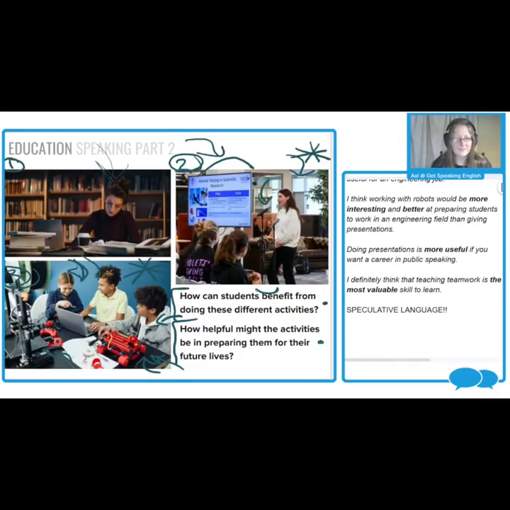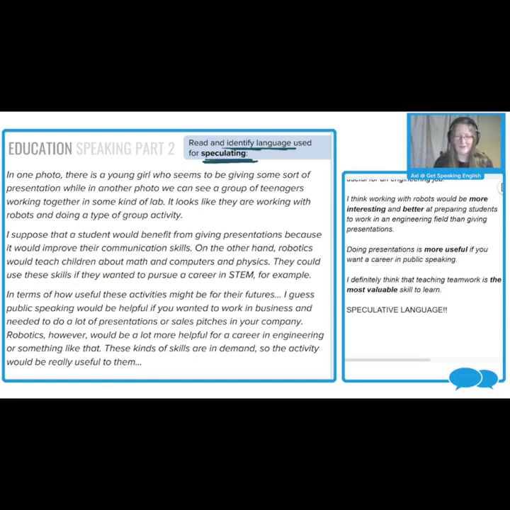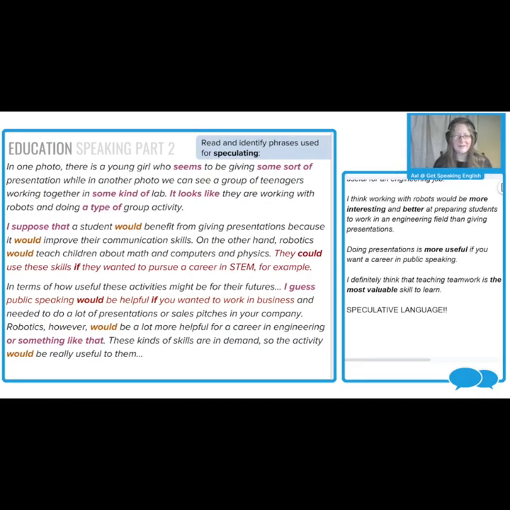All right. So, sorry about that. There we go. All right. So let's talk about some of the language in here. I've gone through, I've highlighted a few things. So in one photo, there is a girl who seems to be giving some sort of presentation. So we might use verbs like seems, as in, something appears like something or it looks like something.